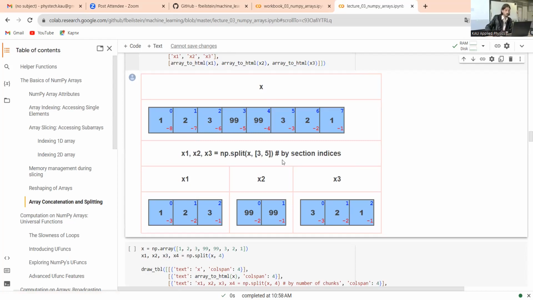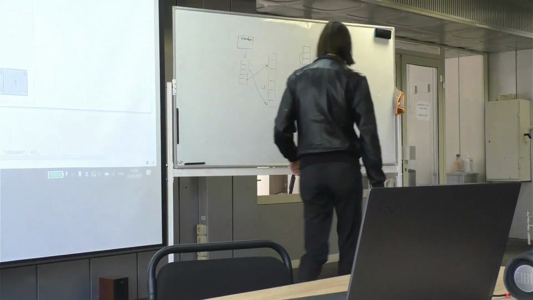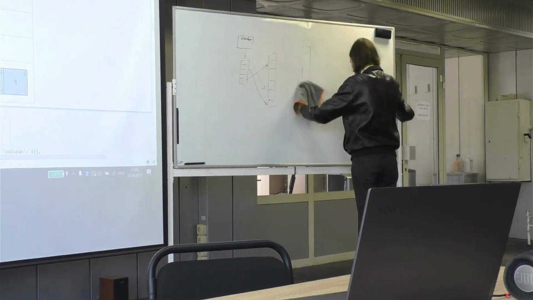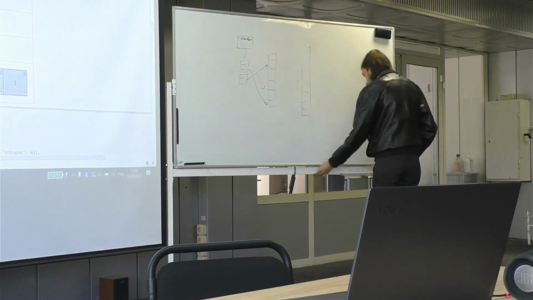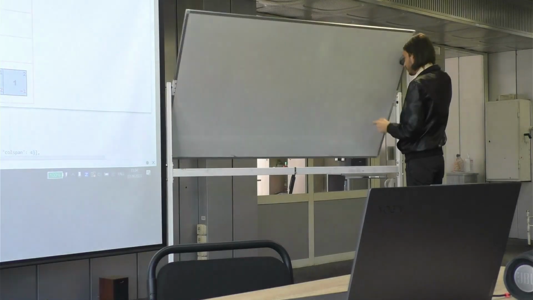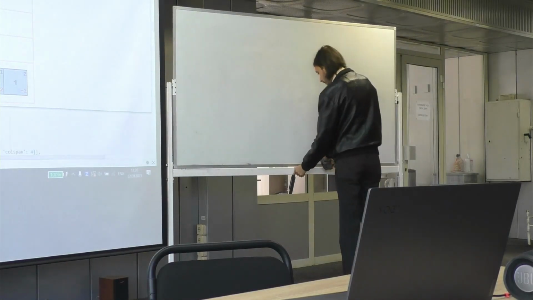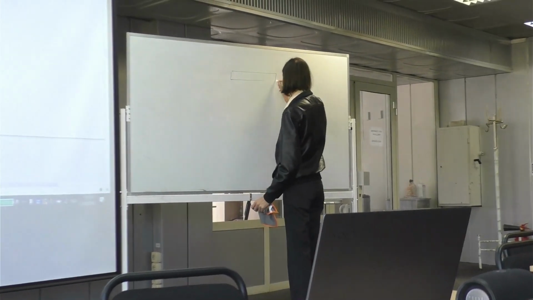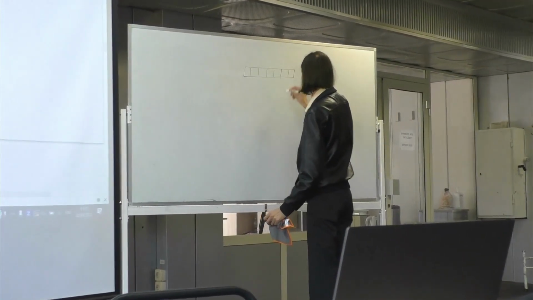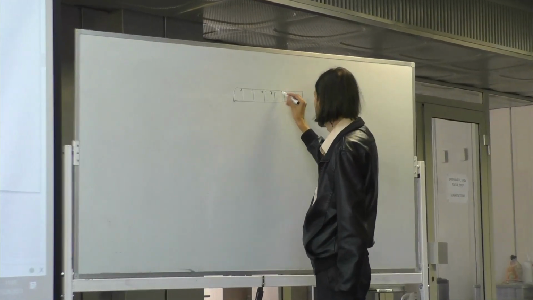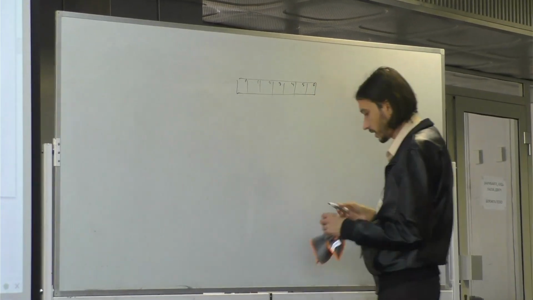So if you are having an array, this array is indexed. So index 0, 1, 2, 3, 4, 5, 6.